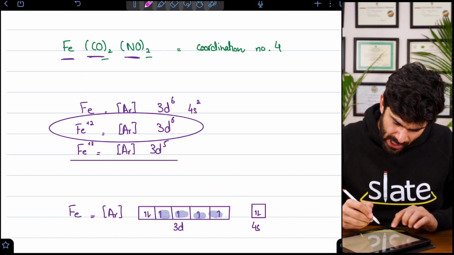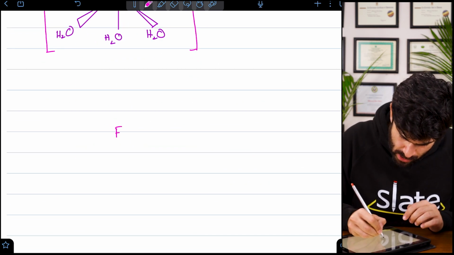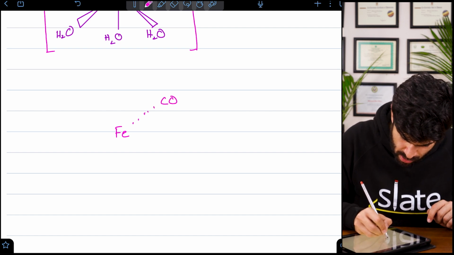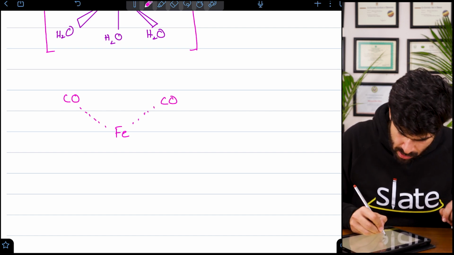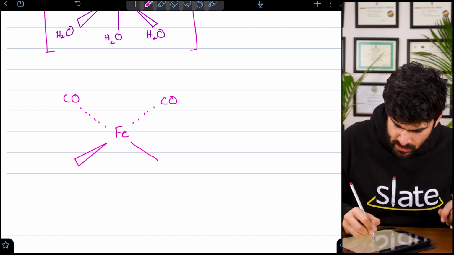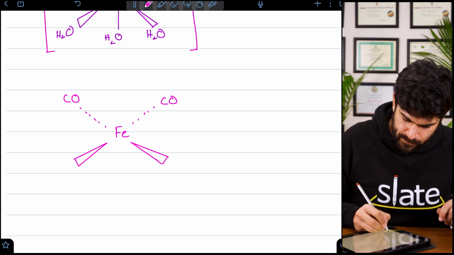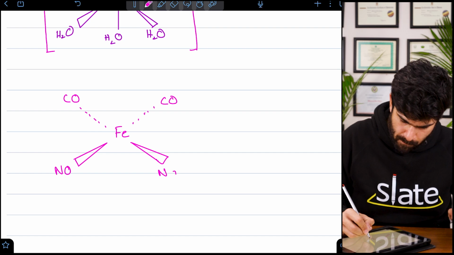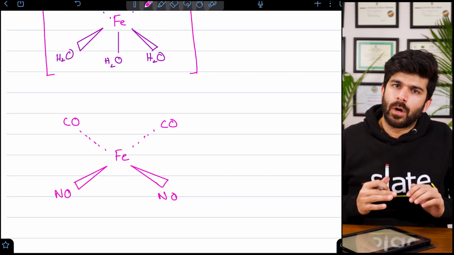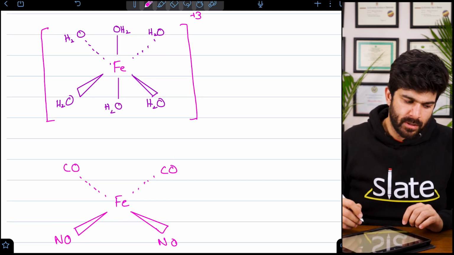But when we have this one, iron will just make 4 dative bonds. It's the same iron. Then why is it different here? Why is the same iron making 4 dative bonds in one case and 6 in the other?